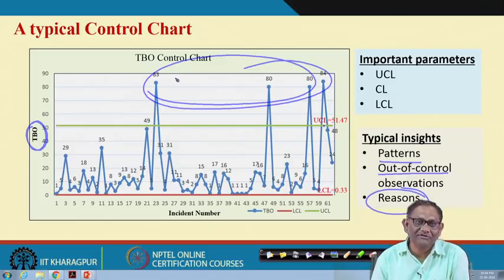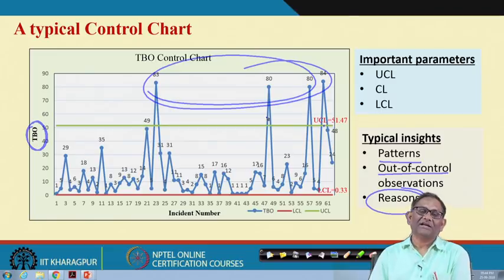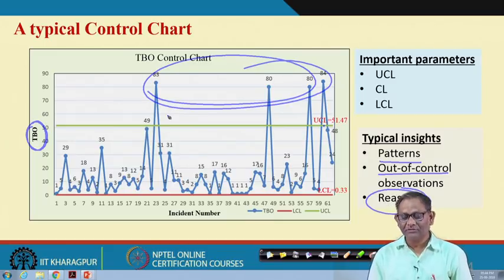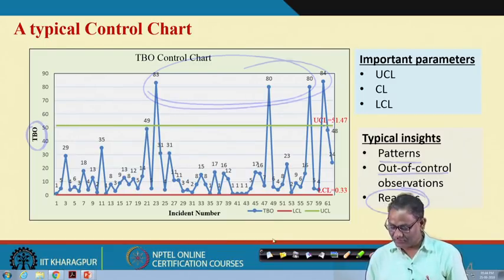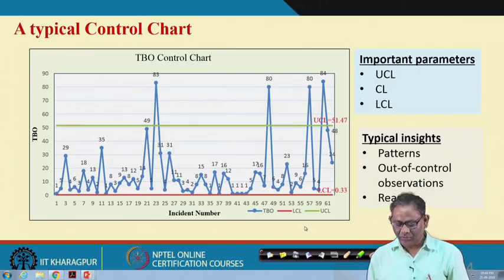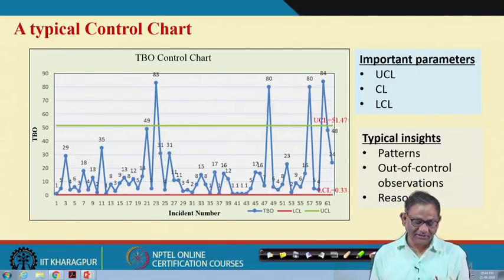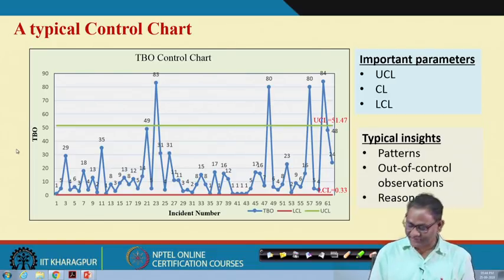Some good practices were adopted at that time. So why were those good practices not adopted at other times? You have to adopt those good practices. Now, I will show you how UCL, LCL and CL will be estimated depending on the variable and its distribution.